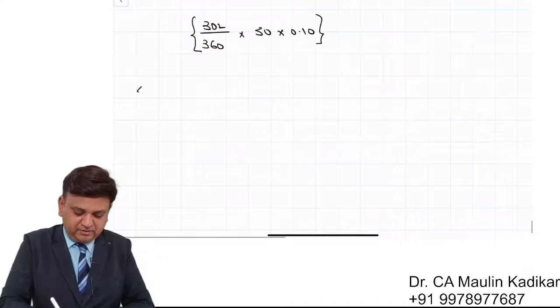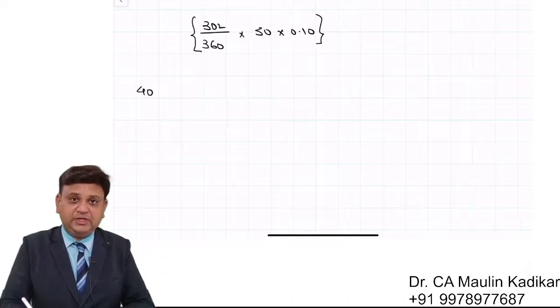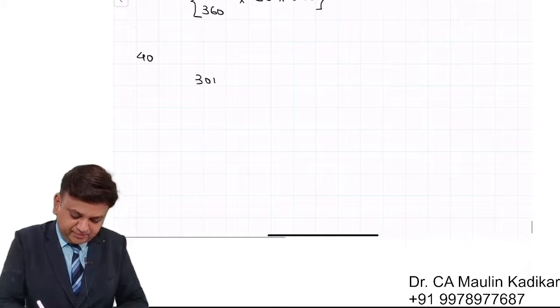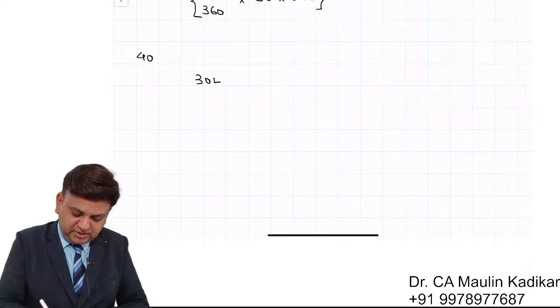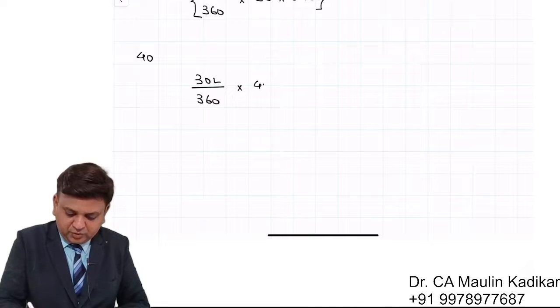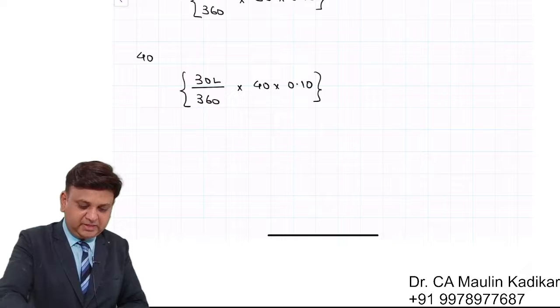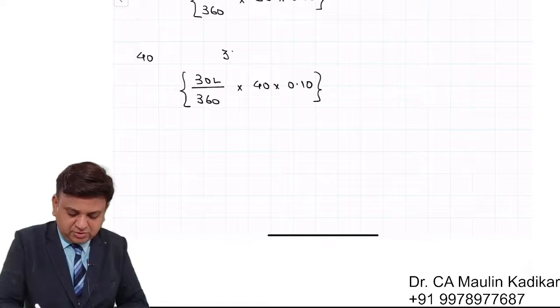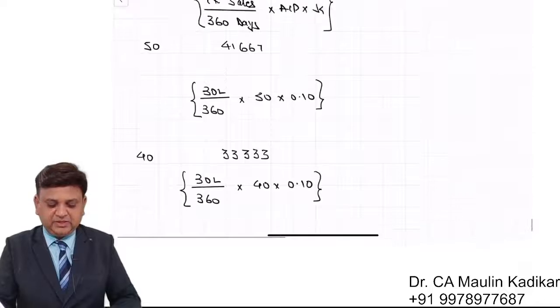In proposal 1, it reduces to 40 days. So in that case, what will happen, dear students? 30 lakhs upon 360 into 40 into 10 percent. That comes to 33,333. That is the new carrying cost.